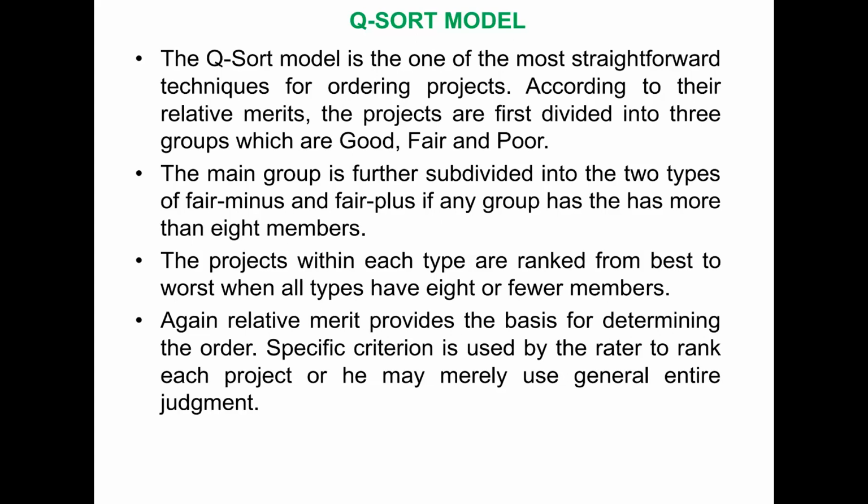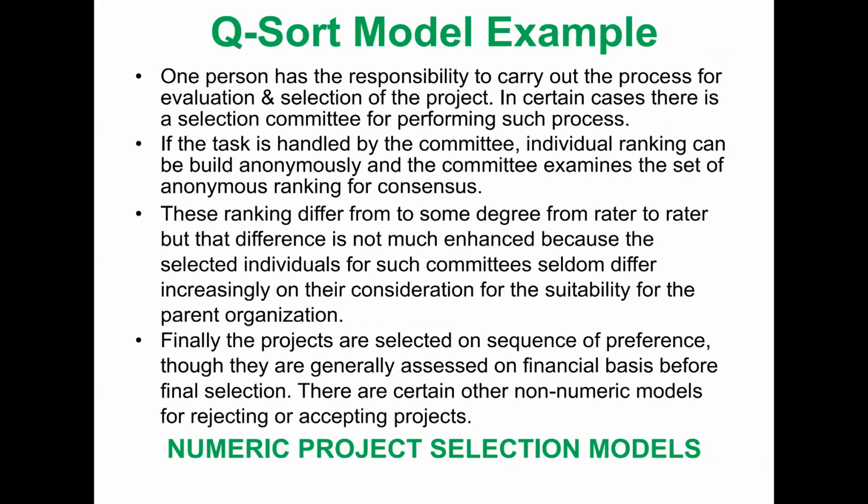A specific criterion may be used by the rater to rank each project, or he may actually use general overall judgment. That's what usually happens sometimes. If one person has the responsibility to carry out the process of evaluation and selection of the project, then in certain cases, there is a selection committee for performing such processes.